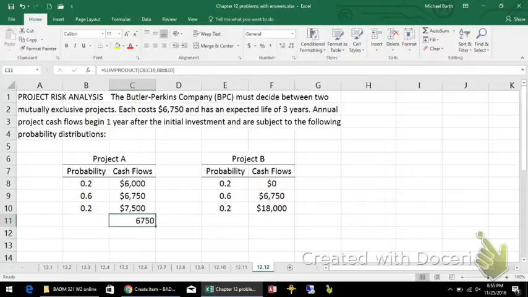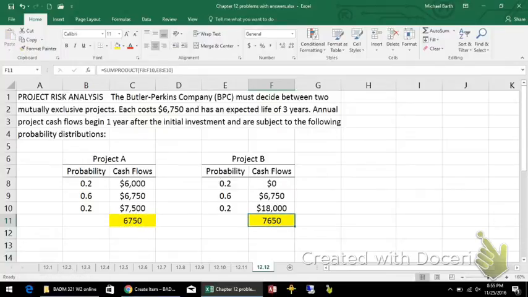It simply multiplies the weight times the value for each of these. The SUMPRODUCT function is a shortcut. And since I set it up here, I can use it over here.